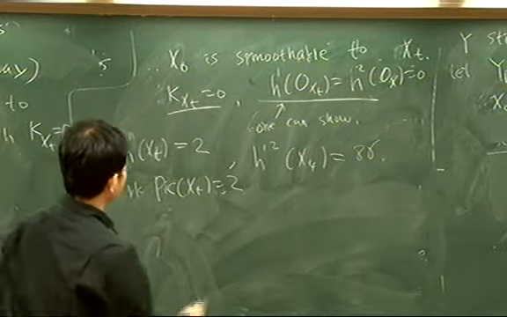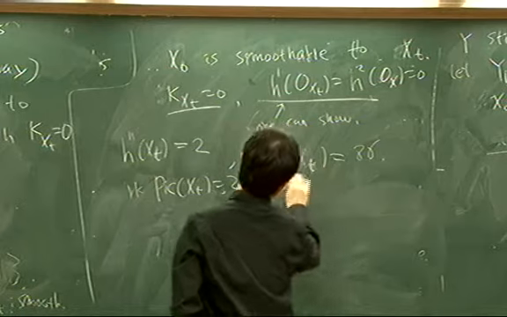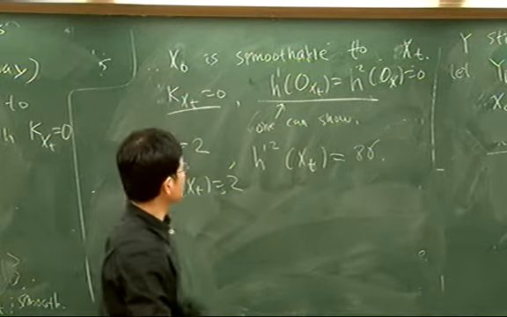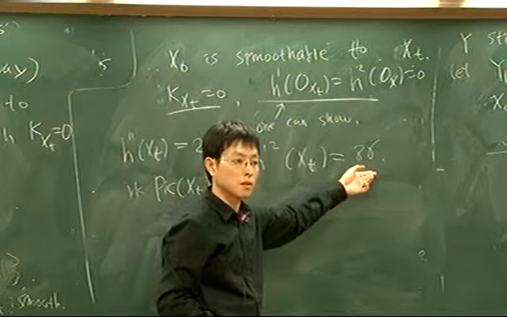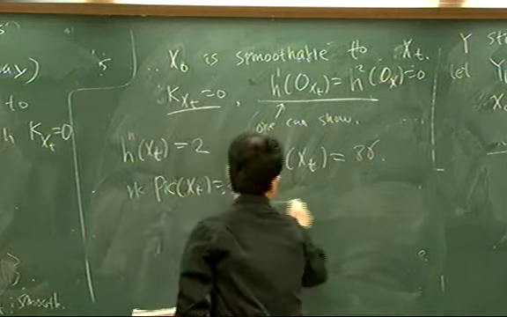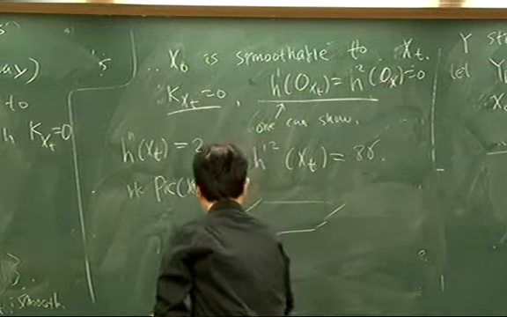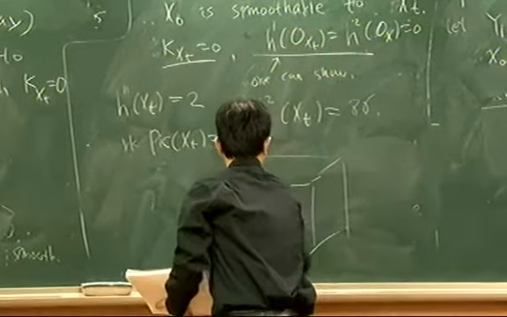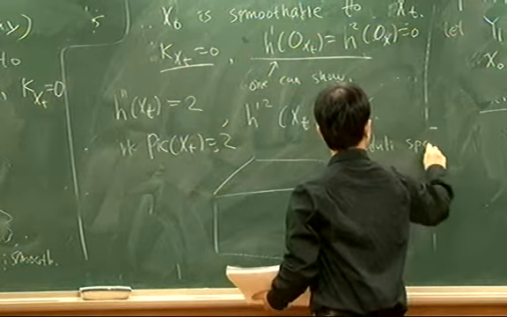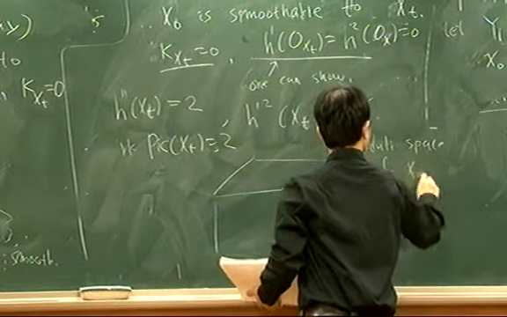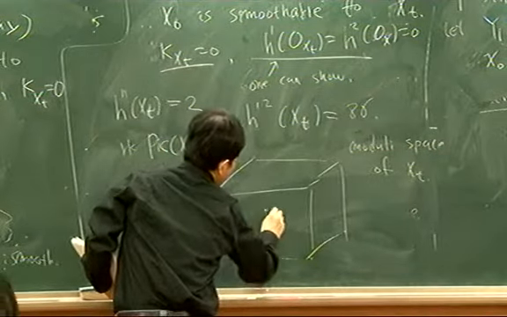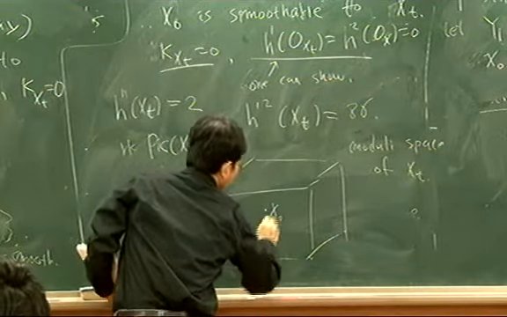So for this Calabi-Yau threefold Xt, the dimension of the moduli space is 86. The situation is like this. Let's say this is the moduli space of Xt, and there is the point corresponding to X0.